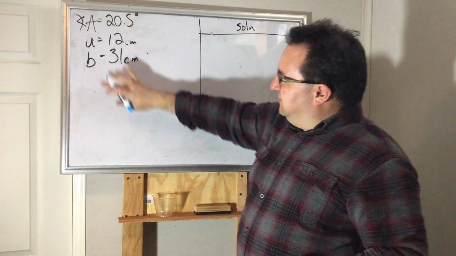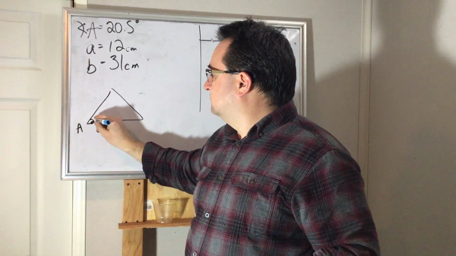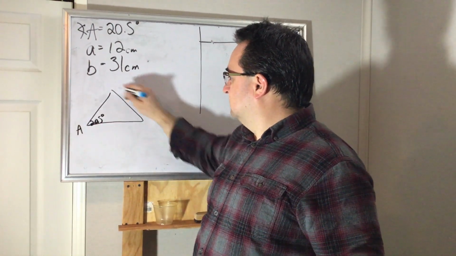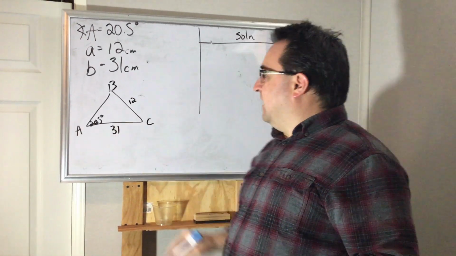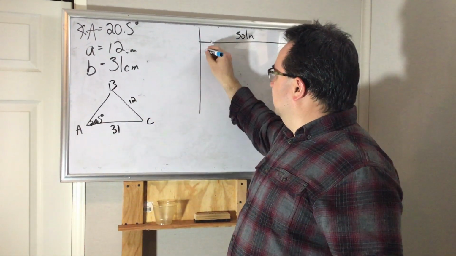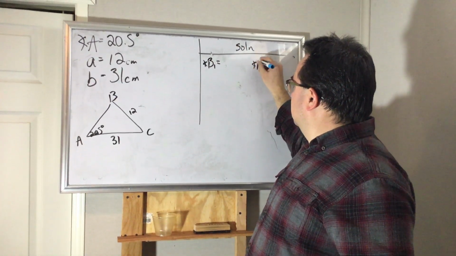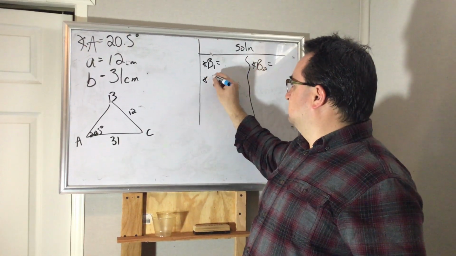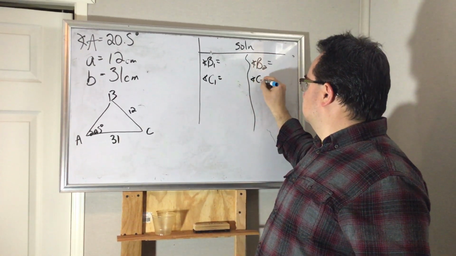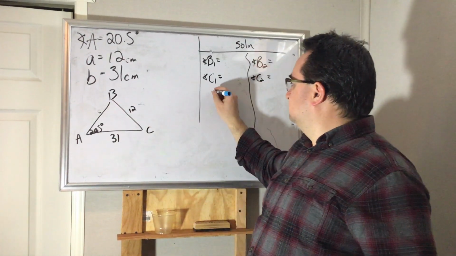So looking at these, I am done when I have angle B, angle C, and it looks like side C.